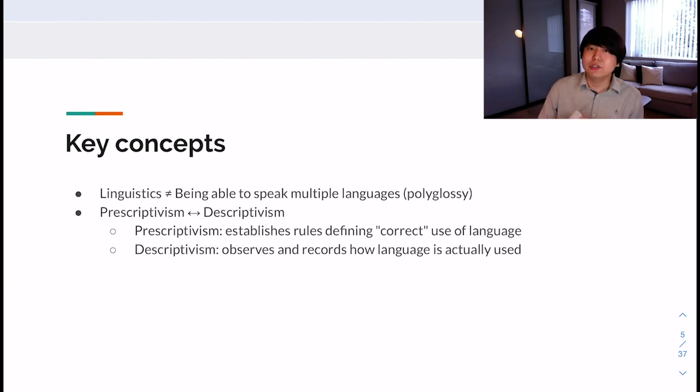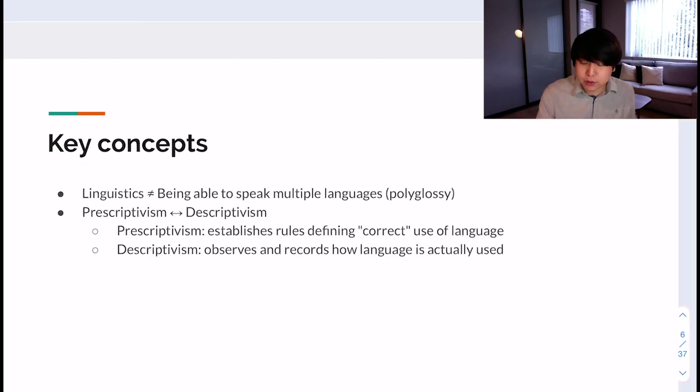That kind of set of rules you learn from school is a prescriptive approach to language, while a descriptive approach tries to observe from an outsider's view and record how language is actually used by people in daily life conversation. And what we're going to learn in this course is about descriptivism, not prescriptivism. So we want to capture how people actually speak and comprehend the language.